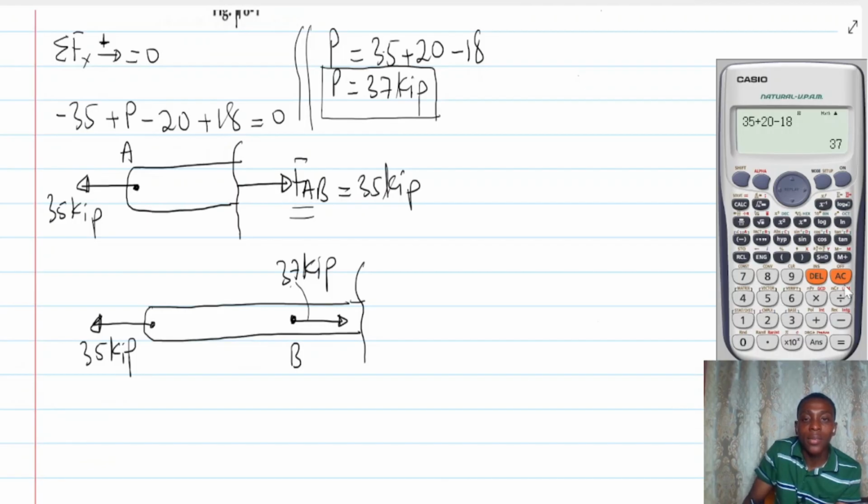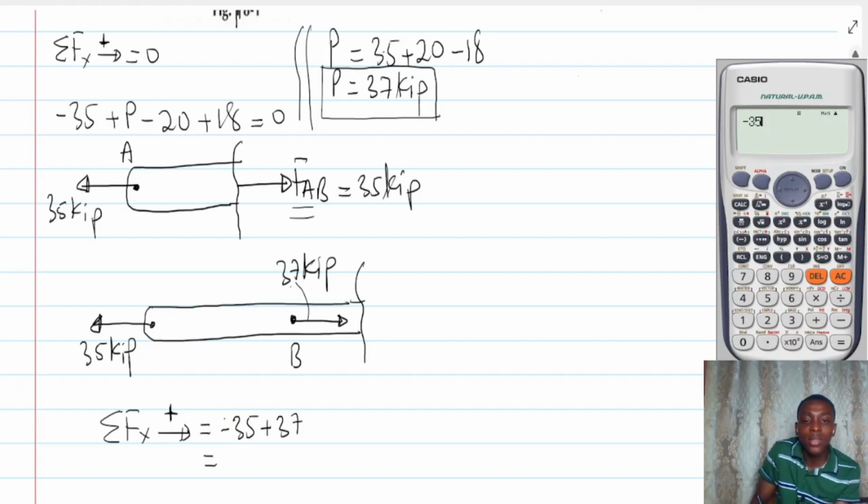Summation of forces, every force positive in this direction: minus 35 plus 37.